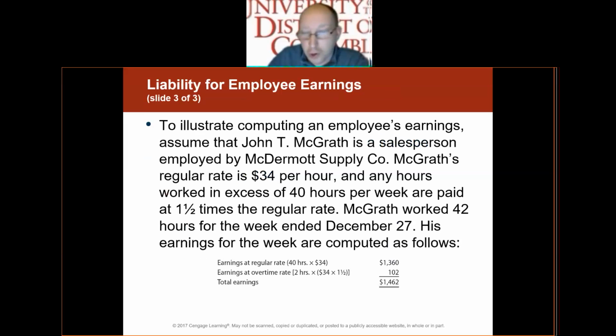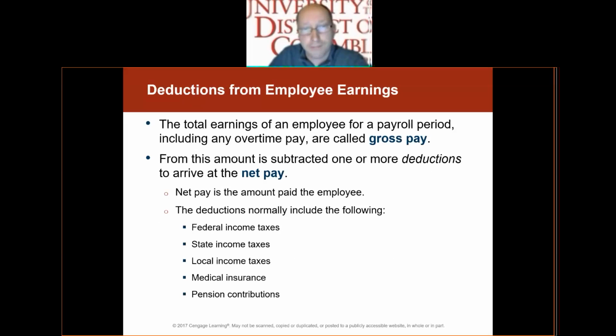That's what we call gross pay. This is gross pay. When you hear the word gross, that means before taxes or other deductions. That's gross means before taxes and deductions. Okay.